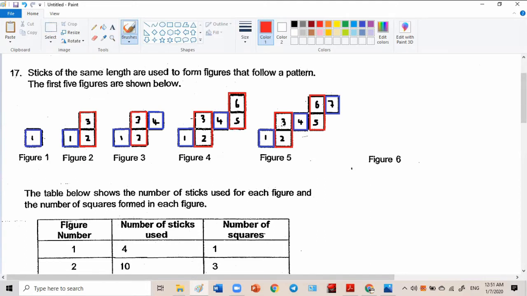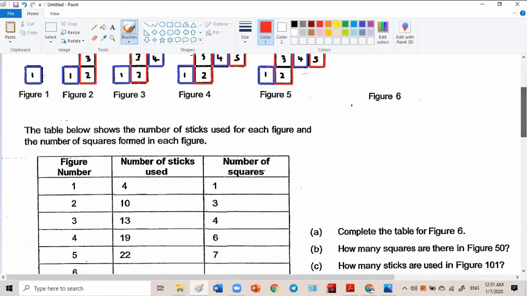Figure 5 repeats itself, whereby we just add a blue horizontal box. So now we have to complete the table for figure 6.